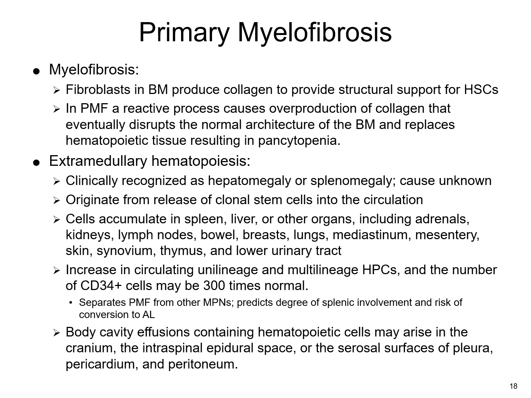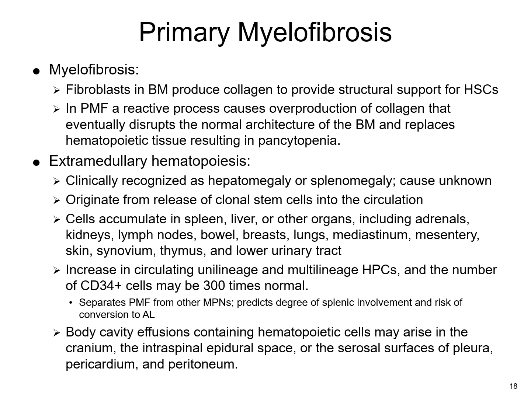myelofibrosis is. Now, this disease process consists of 3 of the 5 different collagens, and so it contains collagen 1, collagen 3, and collagen 4. Also, with primary myelofibrosis, you also see something called extramedullary hematopoiesis, and this is clinically recognized as being hepatomegaly or splenomegaly.